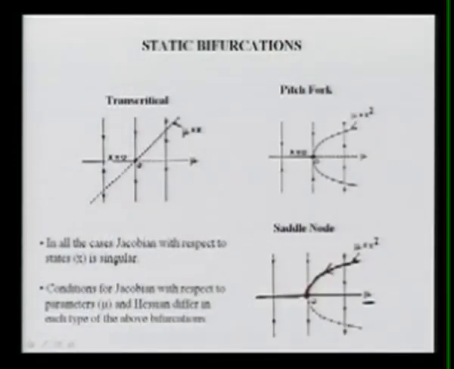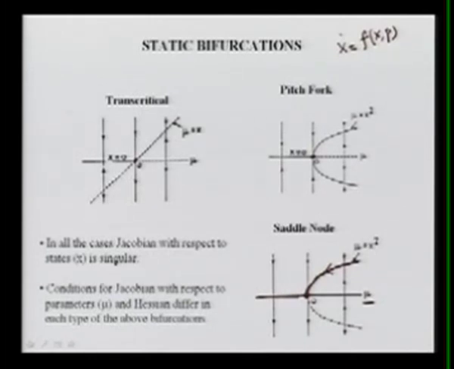To have the condition for the saddle node bifurcation, it is defined that we have any dynamical system x dot equal to some function f of x and p. P is your disturbance vector, something that is changing.